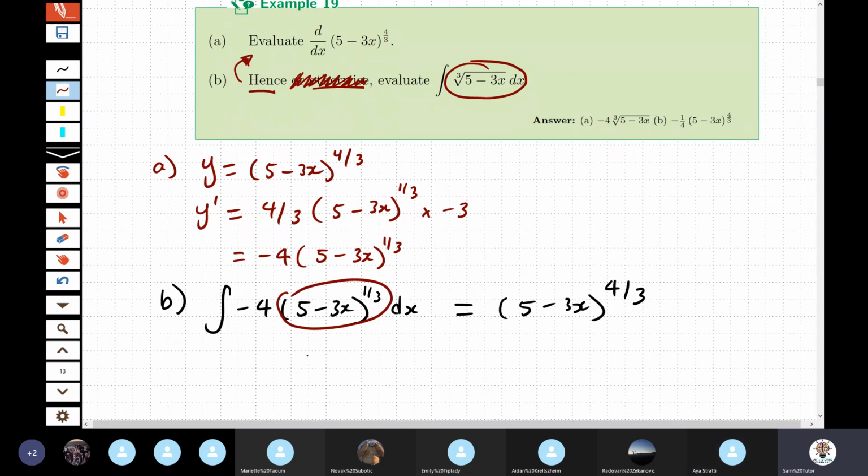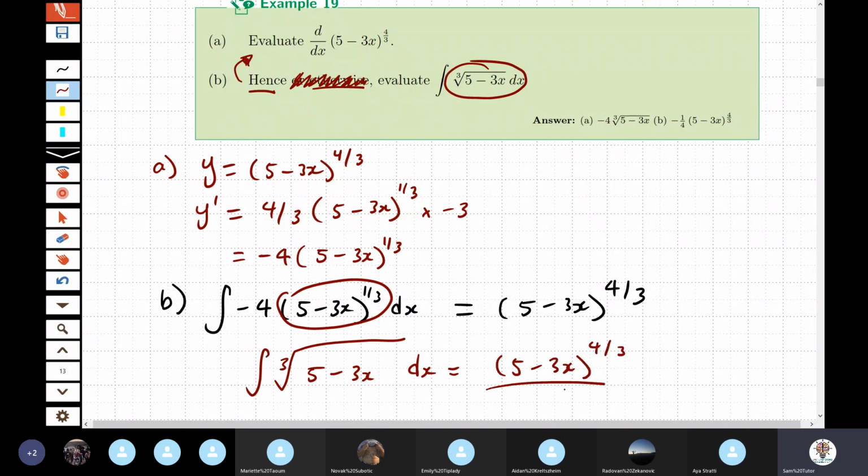Take it out and divide it. And that's the answer. So the answer that you're looking for, the cube root of 5 take away 3x dx, equals 5 take away 3x to the power of 4/3 on -4 plus c. Easy. So no integration is required here.